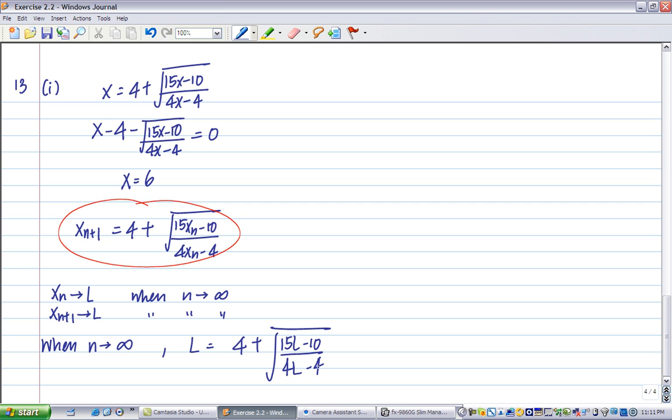It is exactly the same as solving the previous equation. So we can conclude that from above, L is equal to 6. Then we're done for part 1. Easy. Next.